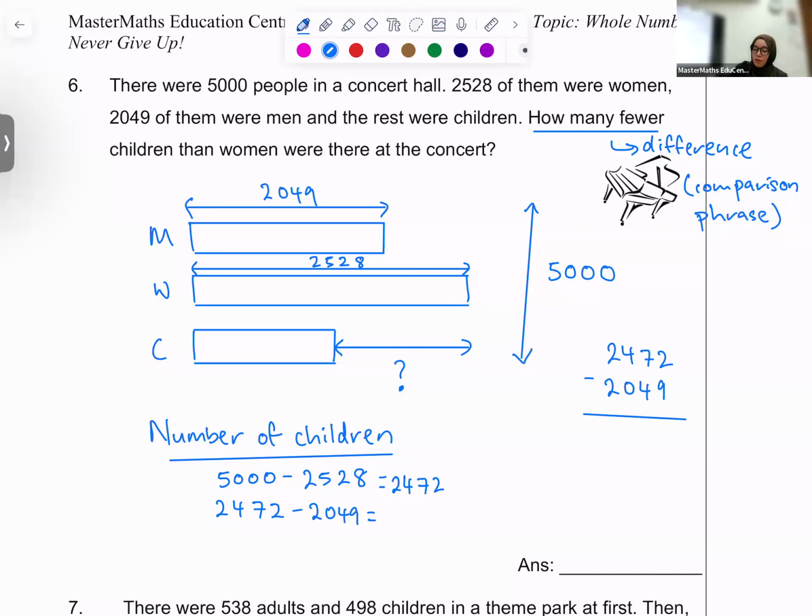2,049. Okay? 2 minus 9, can or cannot? Cannot. So we borrow from the 7. The 7 becomes 6.